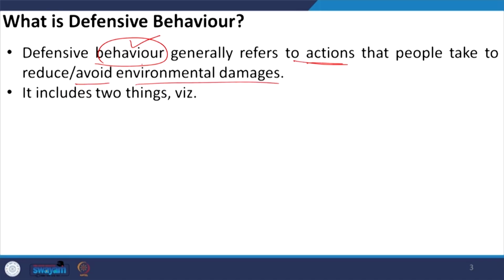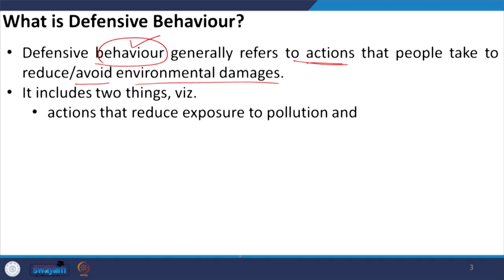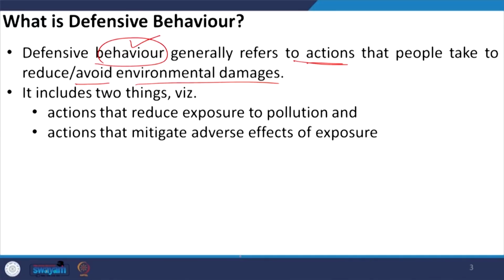This behavior, reflected in actions, involves two things. The first is actions that can reduce the exposure to pollution. Pollution is a kind of bad, and it is a standard example we use in environmental economics. The second is actions that can mitigate the adverse effects of exposure.